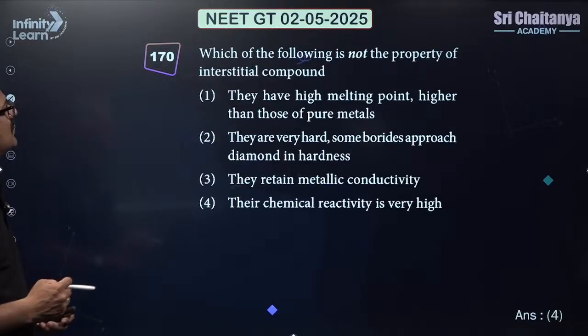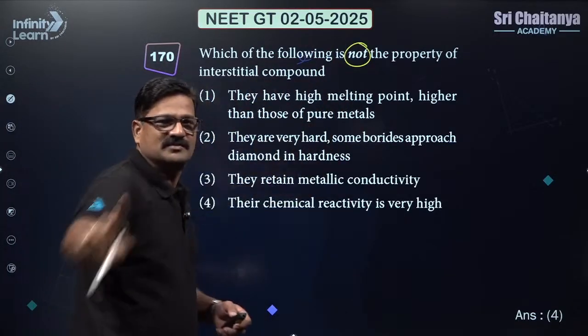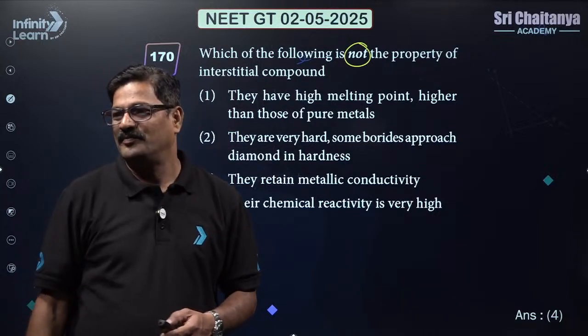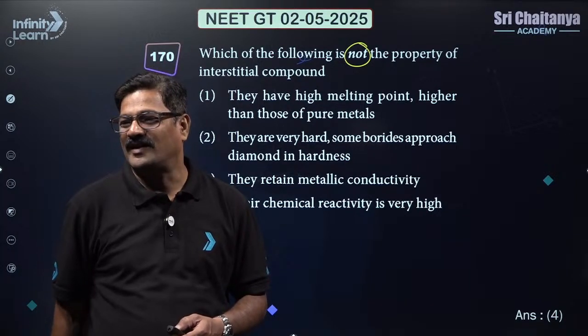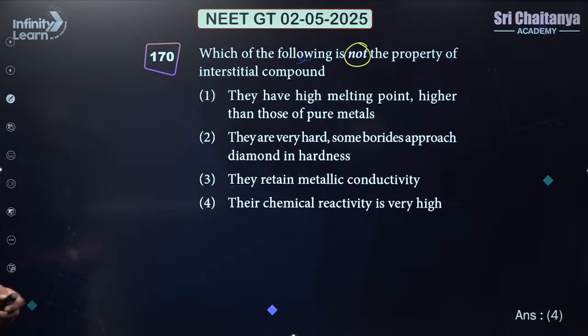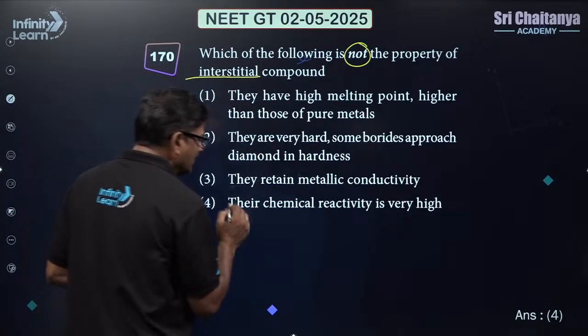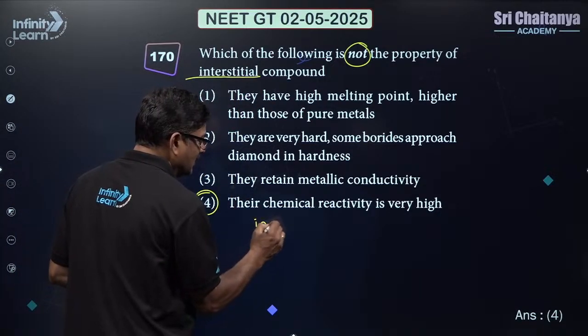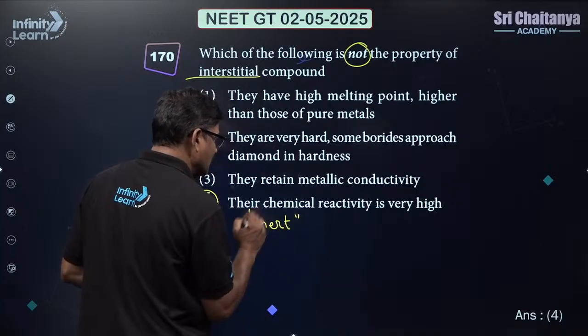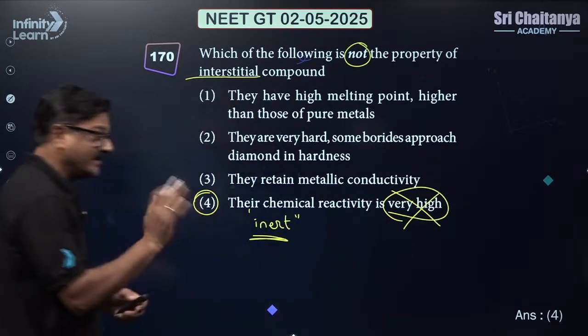Okay, next, which of the following is not the property of interstitial compounds? Again, entire question paper is like this. Interstitial compounds are chemically inert. Chemical reactivity is very high, it is not correct. They are inert.